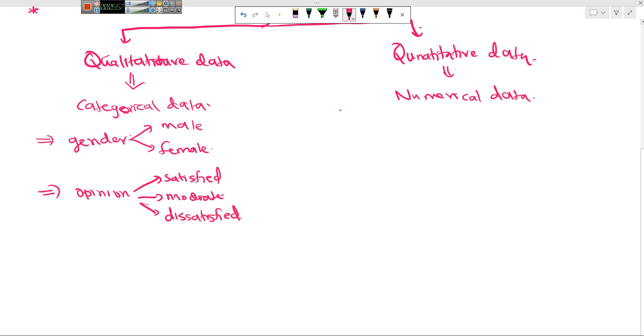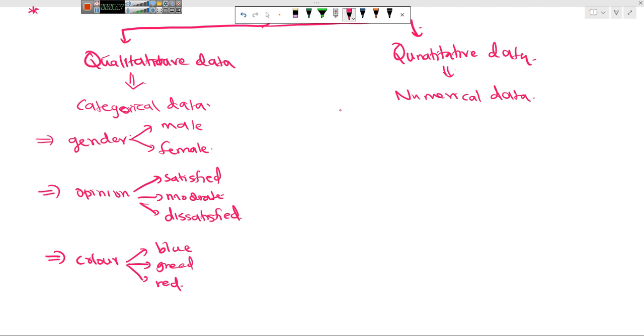The next example is color, right? So we can ask some people about their favorite colors and we can get several responses. So some people may say blue, some people may say green, some people may say red. Okay, right. So now these are some examples for categorical data or qualitative data.